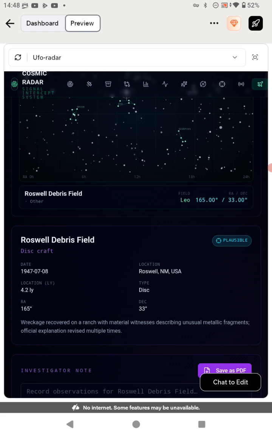And again, all this information is real time from NASA, James Webb, and the Hubble telescopes, plus other places around the globe. Now, the date was 1947-07-08. That's when the spaceship crashed in Roswell, New Mexico, USA.